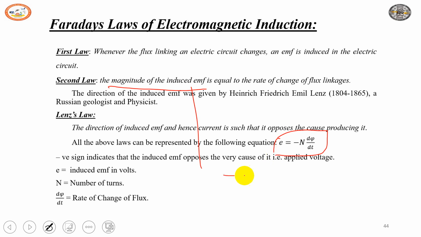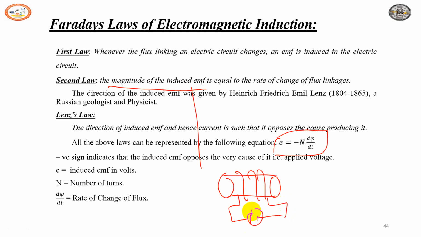As I said, if you take a solenoid, let me draw a solenoid here, and you are passing an AC voltage. Whenever the current is flowing here, the flux is produced, and that flux is linking this coil. According to the second law, EMF is induced, and the magnitude depends on the rate of change of flux.